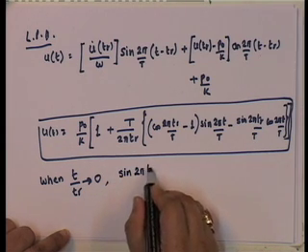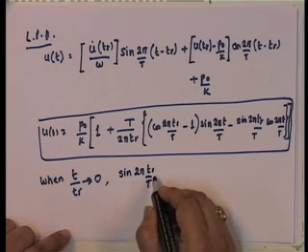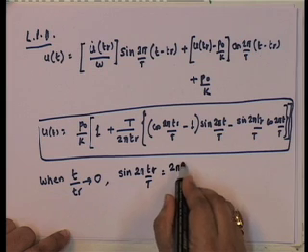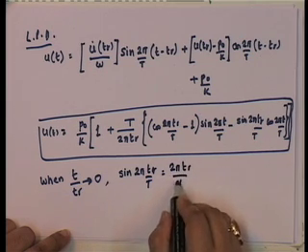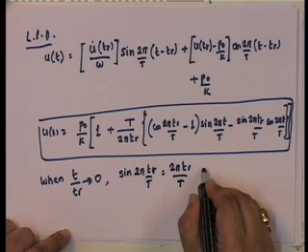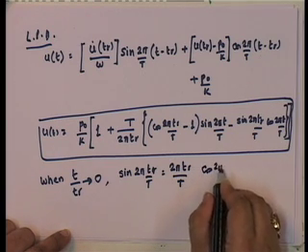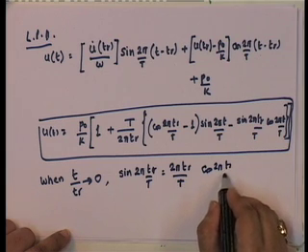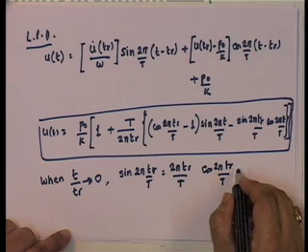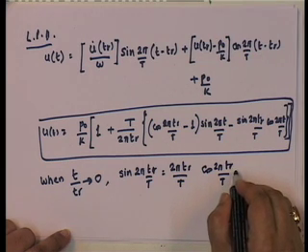2 pi t_r upon t is equal to 2 pi t_r upon t. Okay. Then cosine of 2 pi t_r upon t tends to what?